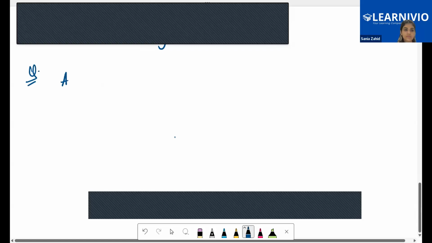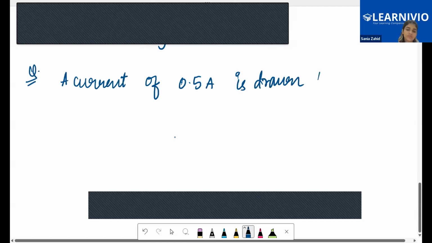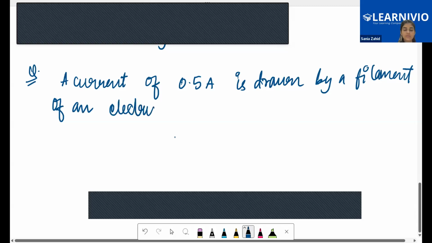A current of 0.5 ampere is drawn by a filament of an electric bulb for 10 minutes.